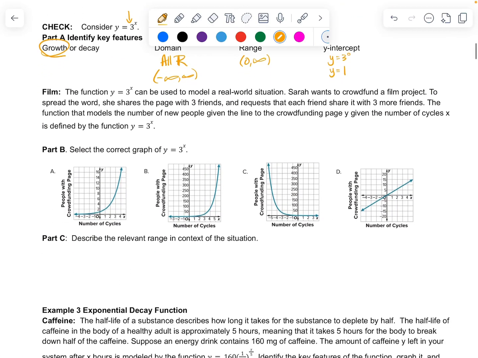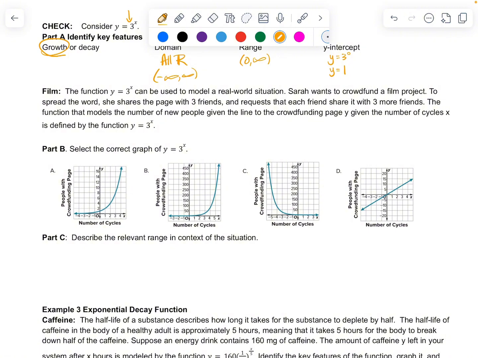Okay, the function y equals 3 to the x can be used to model a real-world situation. Sarah wants to crowdfund a film project. To spread the word, she shares the page with 3 friends and requests that each friend share it with 3 more friends.